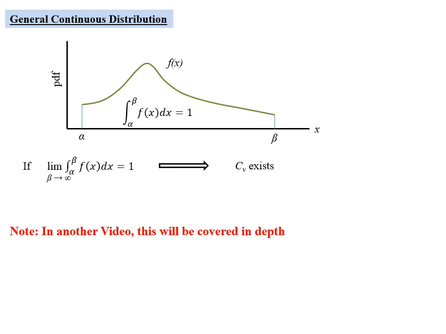This is just a very basic treatment, but there is another video in which this is explained in more detail. Simply, for example, you have any function which represents the properties of a density function, and then certainly, if one of the parameters, again I can assume beta, is an x point that approaches infinity, then if this limit exists, definitely you also have an upper limit. But the full analysis of this will be in a different video.